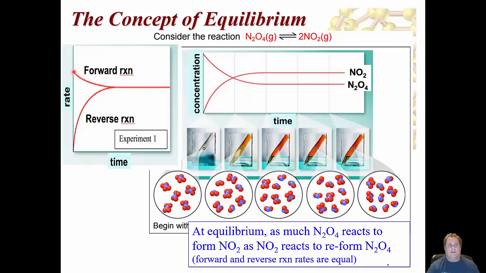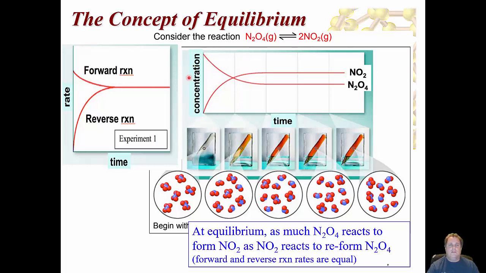So the forward rate is going to be fastest at the beginning and slow down. The reverse rate is going to be slowest at the beginning because there is no NO2. It's going to speed up until the point at which the forward rate, the rate that the N2O4 is producing NO2, is equal to the rate that the NO2 is producing N2O4.